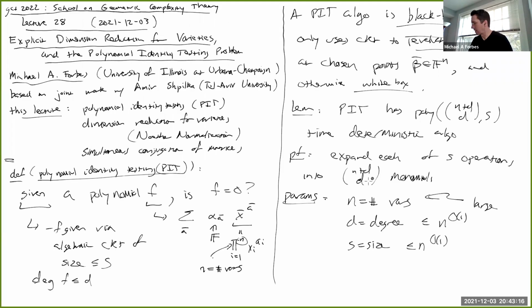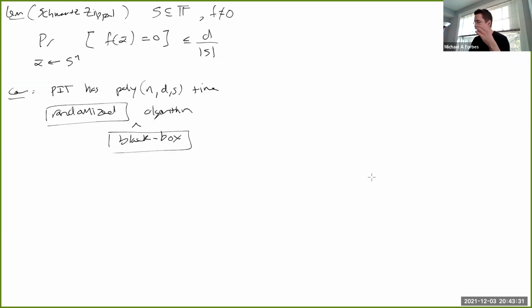In the previous slide, first of all, this was actually white box, right? If we're expanding each of the intermediate computations into their monomial basis, we're actually looking at how the polynomial is being computed. So this is a white box algorithm, and it's inefficient. But when we go over to here, we're getting something which is now efficient. And it's black box, which is a stronger solution concept because we're only using the circuit in a weaker way, and so it's a stronger algorithmic result. So there is a randomized algorithm that's efficient and black box.